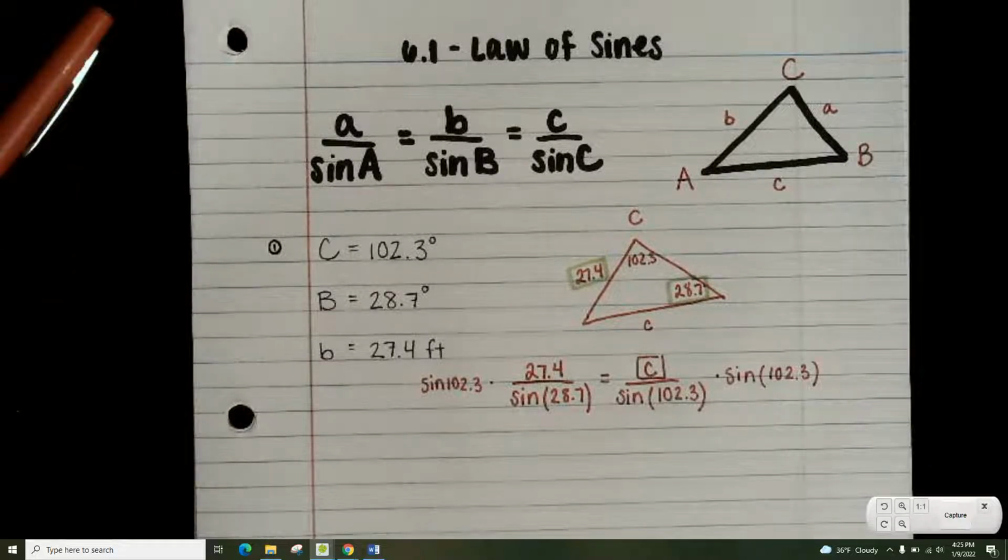So I'm going to go over to my calculator. I'm typing in, making sure it's in degree mode, 27.4 times sine of 102.3, and I get 26.77, continuing without hitting the clear button.